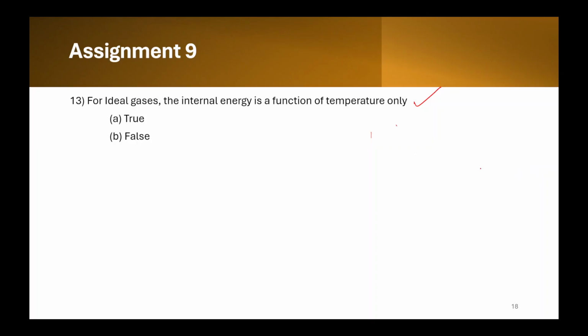That's why the internal energy is only a function of temperature, not pressure or volume, in case of ideal gases. And also from kinetic molecular theory, you derive this relation as 3 by 2 NkT for a monoatomic gas. So this kT basically, this internal energy is obviously a function of T only. So it's a true statement.